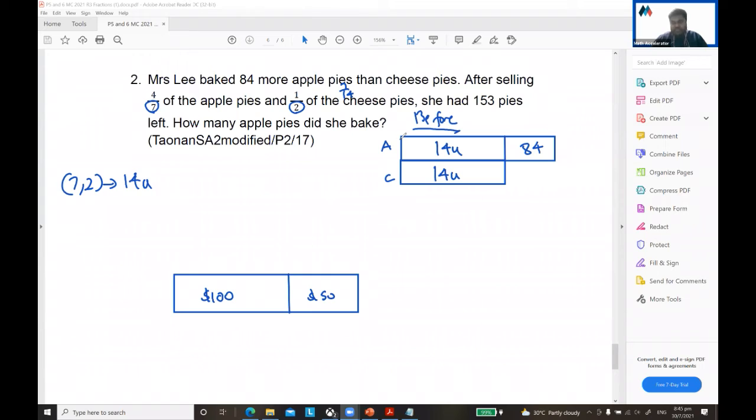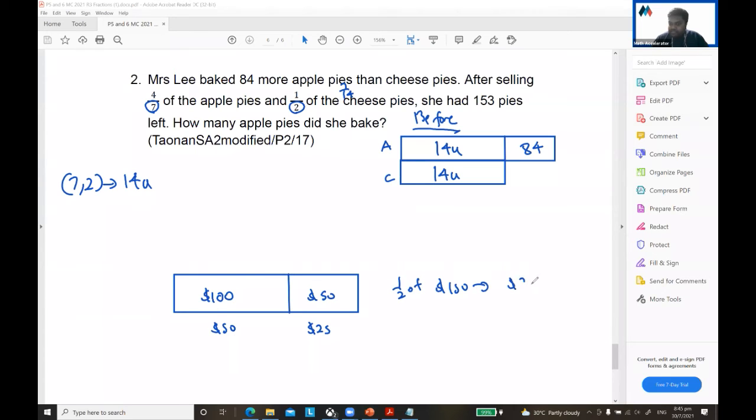Correct, 75. So this whole model here is $150. But if I were to split it into 100 and 50 and I say I spend half of 100 and half of 50, what is half of 100? $50, right? What is half of $50? $25, correct.